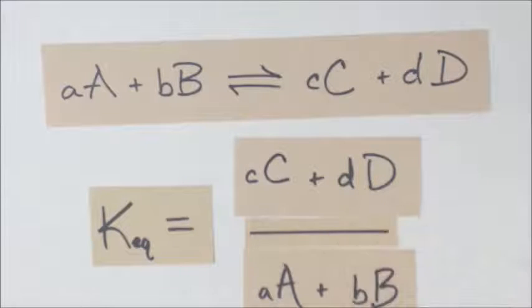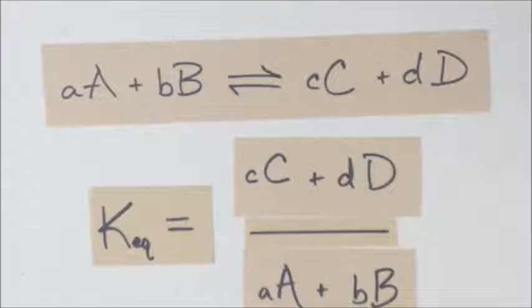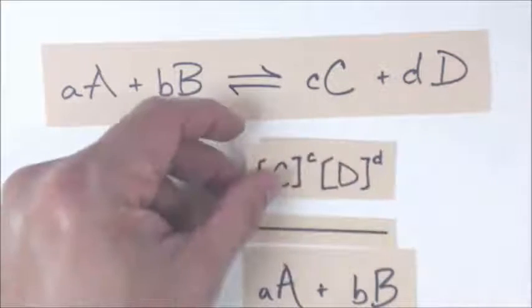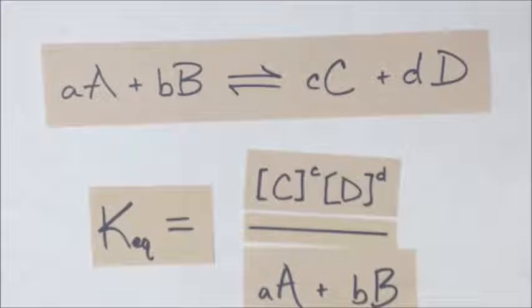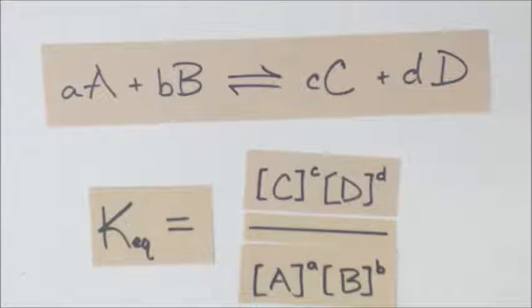Now that's not really our equilibrium constant expression still, because it still looks like it's part of the equation. So we're going to swap that out and use those square brackets, and we've got the C and D in the brackets with the coefficients, and then we've got the A and B with the brackets and the coefficients. So that's how we write an equilibrium constant, similar to what I just did with the paper there.